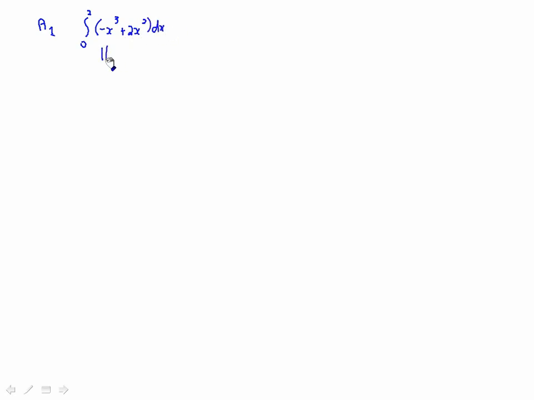When we get the antiderivative of this, we're going to get negative 1 over 4 x to the 4 plus 2 over 3 x to the 3. And then we put the big brackets around it, from upper limit 2, lower limit 0.